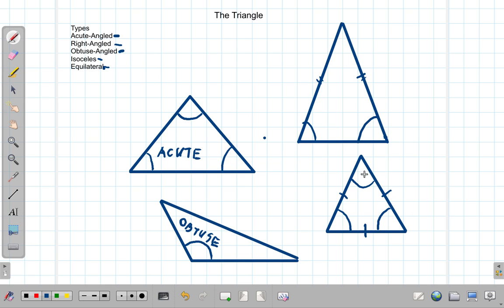So it's divided by 3, so you have 60 degrees. 180 divided by 3 is 60. So 180 degrees was divided by 3, 60 degrees. So up here you have our isosceles triangle. And here you have our equilateral triangle.